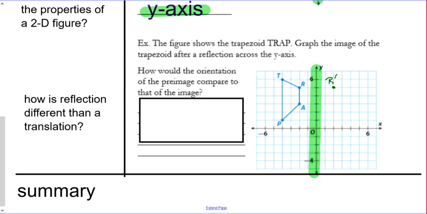So when I flip it across the y-axis, that line of reflection has to be 2 away. T, 1, 2, 3, 4 away from the y-axis. So the image is also going to be 4 away. And then P is 4 away. So that means that 1, 2, 3, 4, my image of P, 4 away.